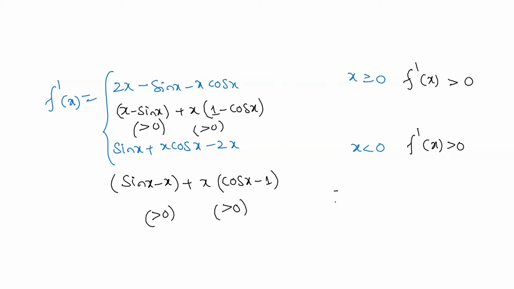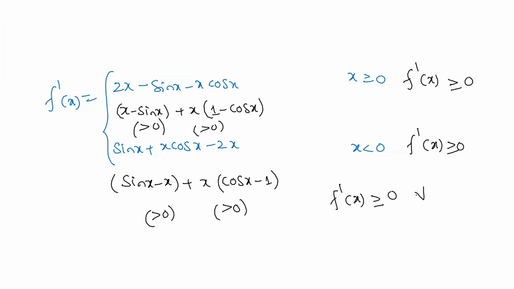So what do we got here? Now f dash of x is going to be greater than 0, and in some cases we get equal to 0, so I'm clubbing those equal to 0 cases also. That's up to you. You can simply say greater than 0 or greater than or equal to 0, it doesn't matter.